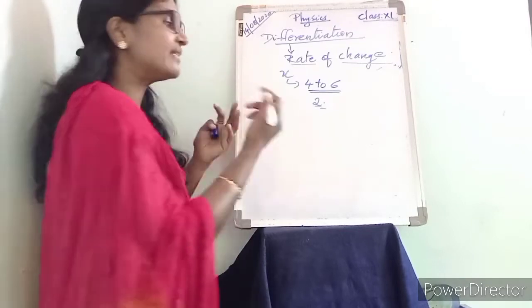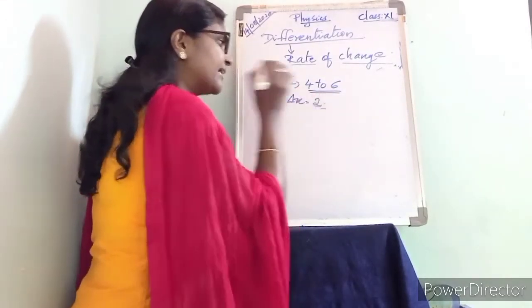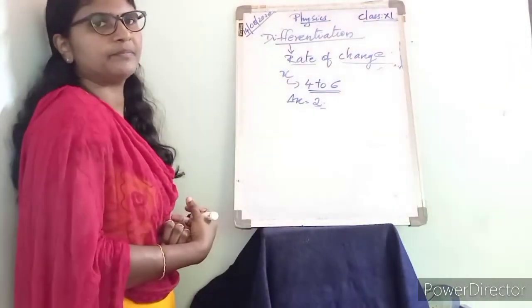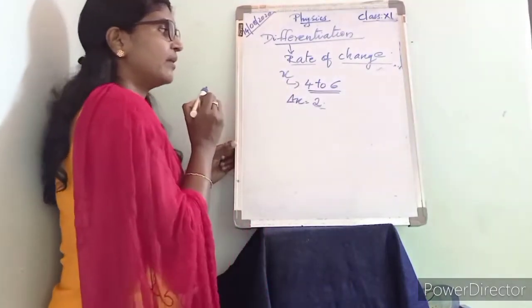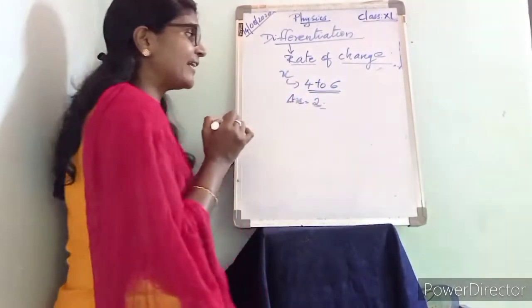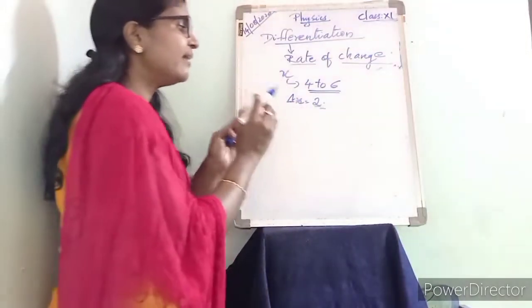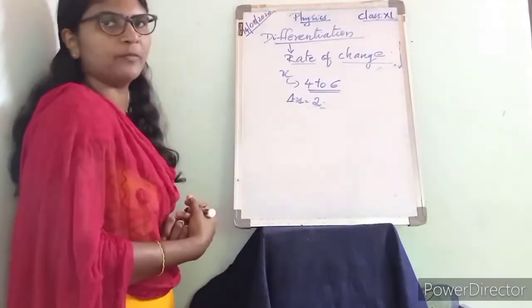It is a big change, so we can represent it as delta x equal to 2.